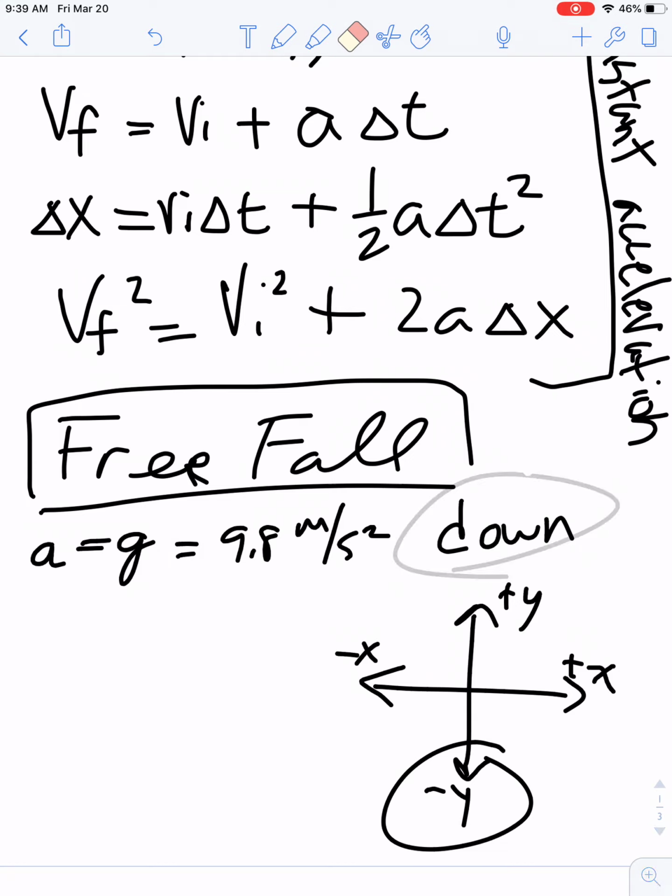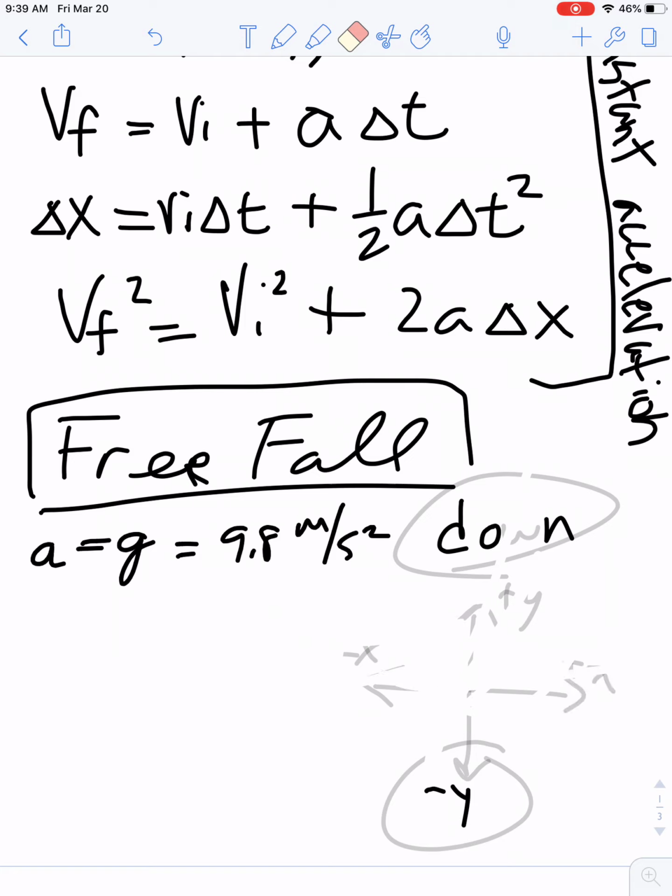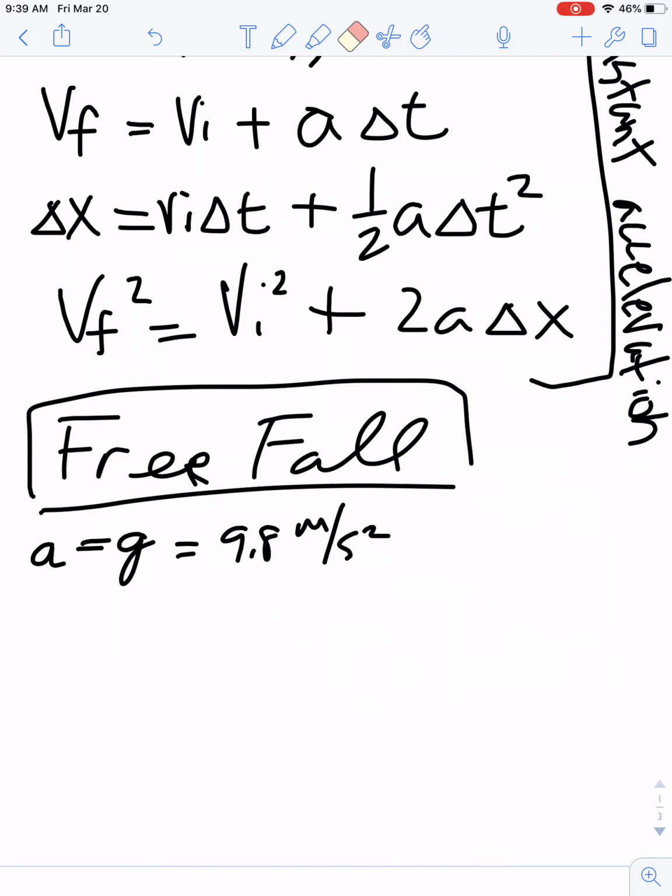So with that in mind, just cleaning up a little bit here, we're going to go ahead and insert a negative sign in front of 9.8, and all that means is, again, anything that's down is negative. Now, that means velocities will be negative, so if an object is moving downward with a velocity v, if that v is 10, then we have to make that negative 10.